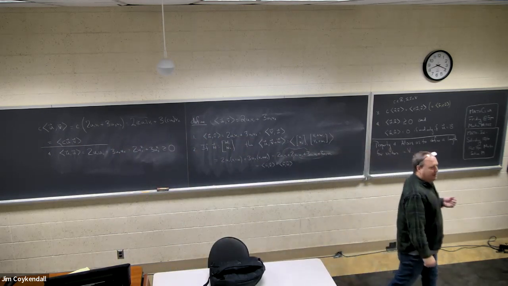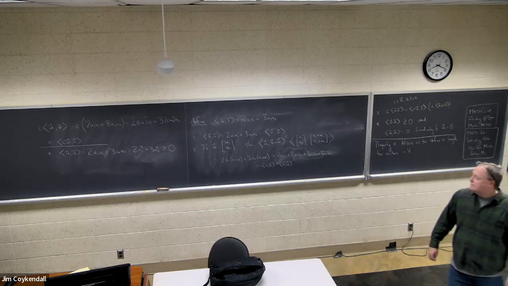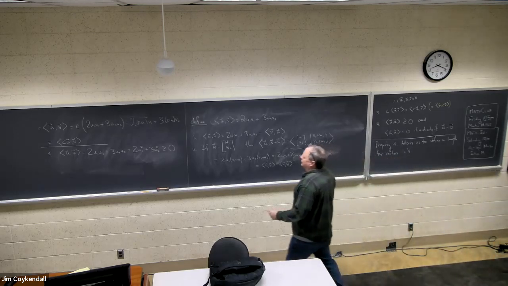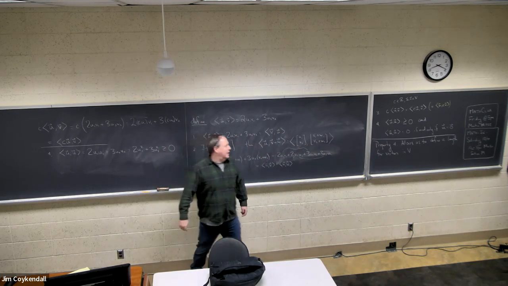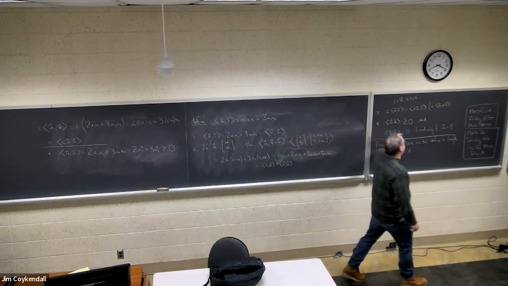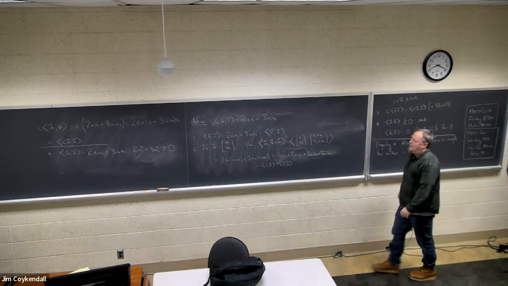Because it's 2 times the square plus 3 times the square, so there's no way that's ever negative. Notice, if U1 and U2 are both 0, then you get 0, which means that if you have the 0 vector, you get 0 from the inner product.